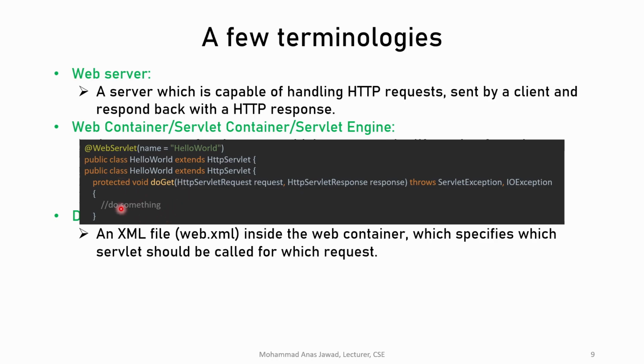So this is a simple servlet here, and the name of our servlet is HelloWorld. It is extending the HttpServlet class, but that's not important for now. Notice this line here. We have used an annotation called WebServlet, and we have given it the name HelloWorld. So just by writing this line, we have specified that this servlet is mapped to all the HelloWorld requests that we will be receiving from the client.